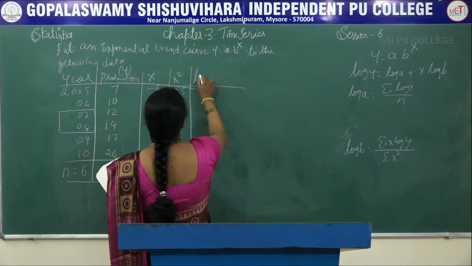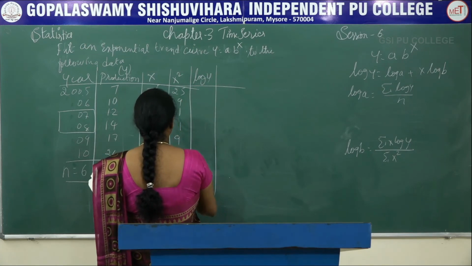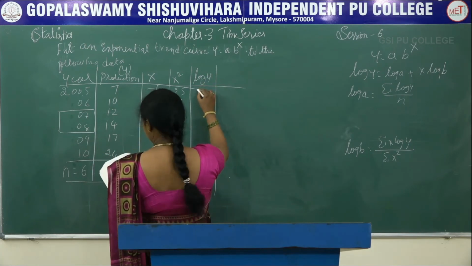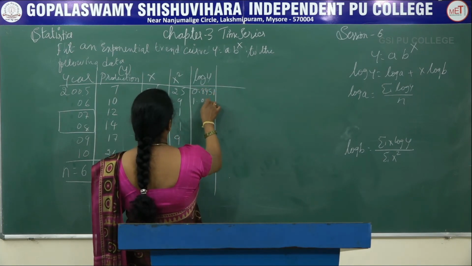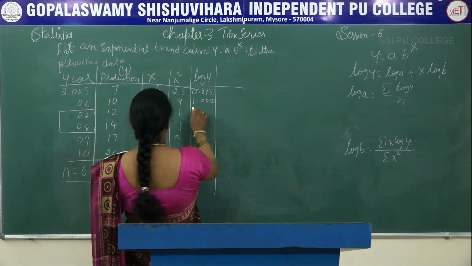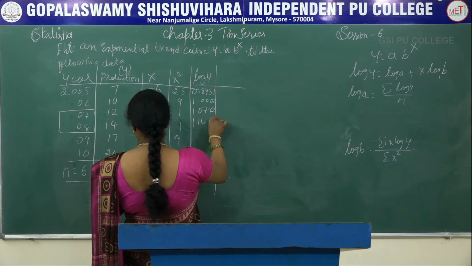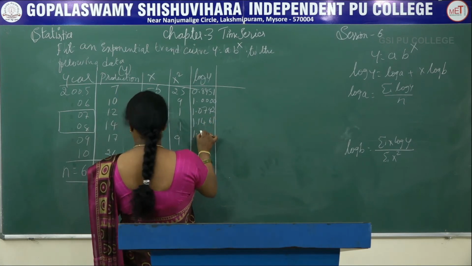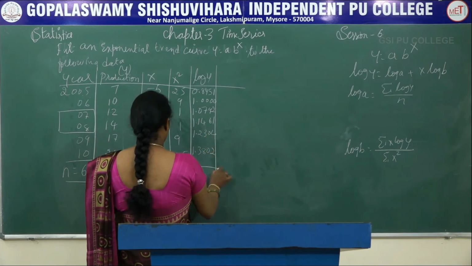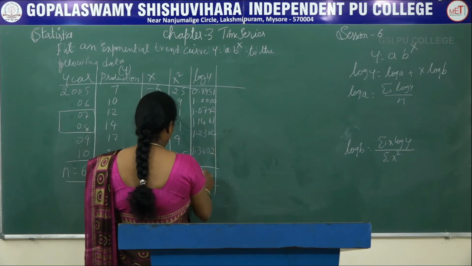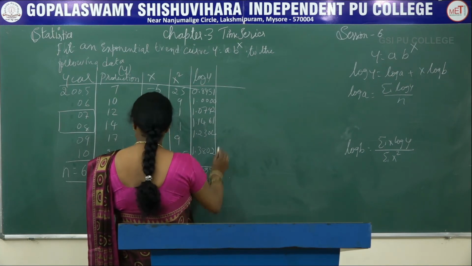And next is the log y value, and the summation of log y is 6.6810.